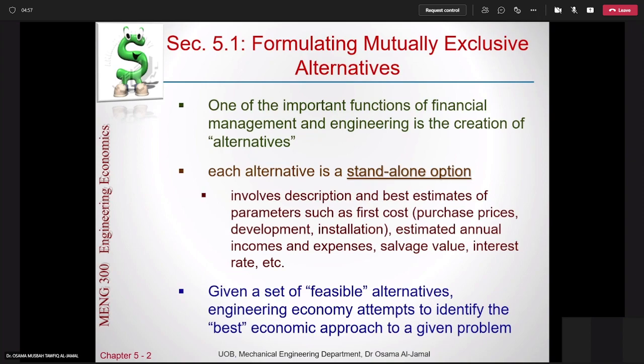You are not going to go with 2 different companies. You will select only one. So those 3 alternatives are mutually exclusive alternatives. Why mutually exclusive? You're going to select one and only one. Each alternative is a stand-alone option, i.e. to do a calculation just for Betelco, another calculation just for STC, and the third one just for Zain.